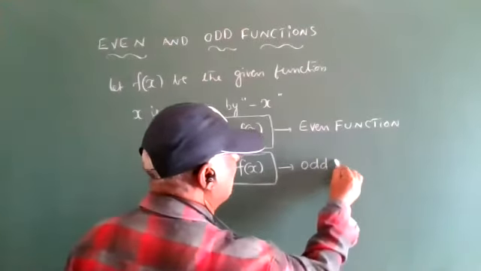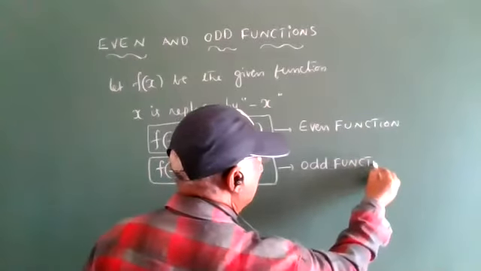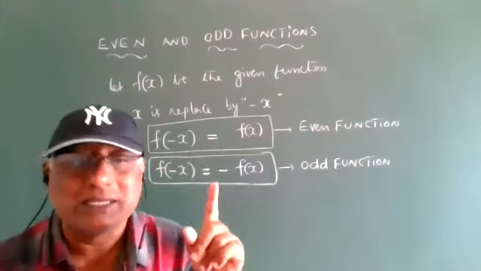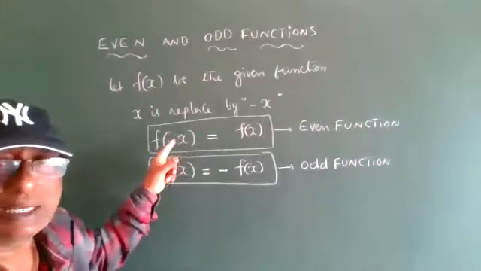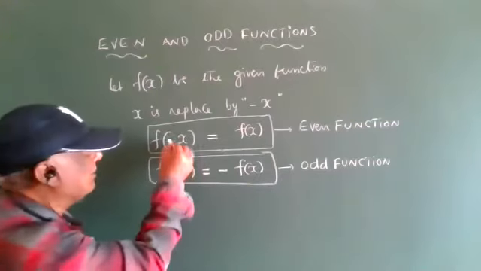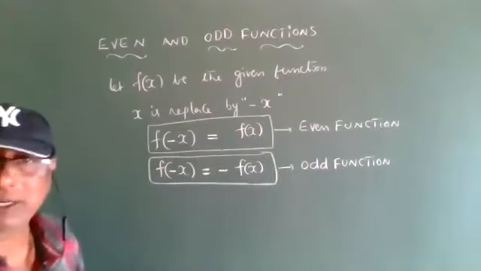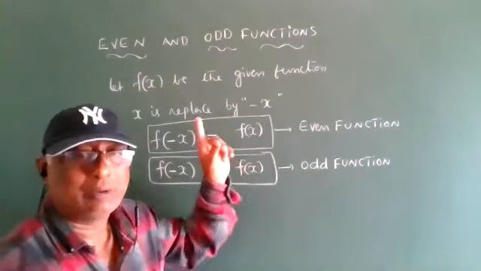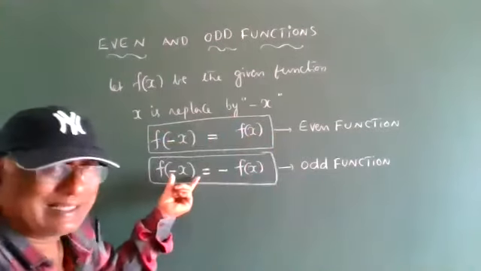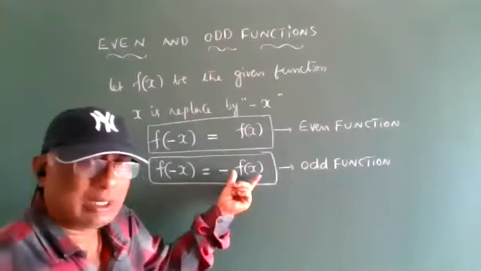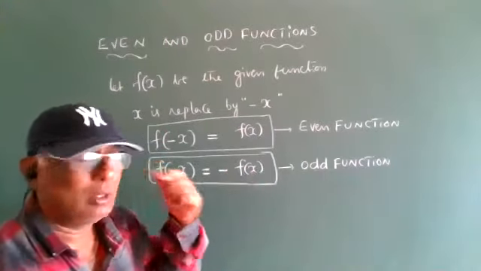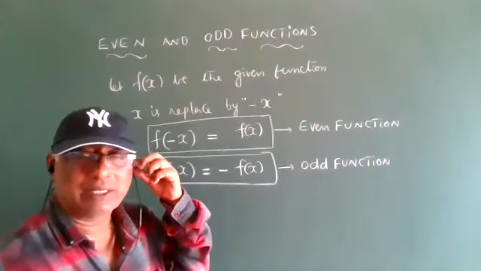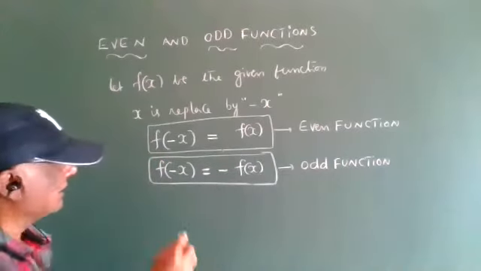So even function: even though x is replaced by minus x, the total value is positive. Odd function: x is replaced by minus x, the total value of f of x is negative. Is it clear?